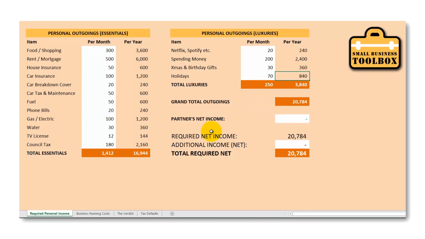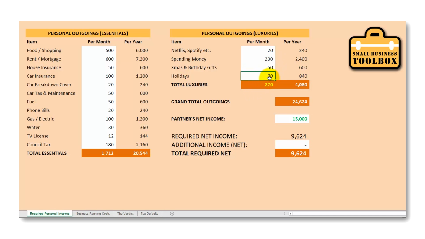Share your bills a bit. So let's assume the partner's net income is going to be 15 grand a year for whatever reason. You're probably going to have to up your food shopping. I hate to say it, they're going to have to eat something. Rent and mortgage. You can put all your own figures into this and have a play. You'll probably spend a bit more on gifts, birthdays, Christmas, all that. Let's up that a little bit.